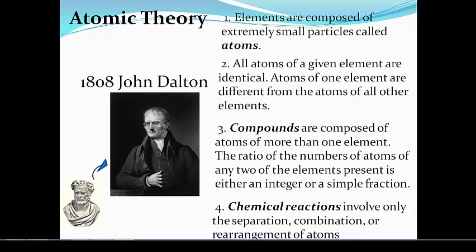Another example I can give is combustion. You start out with wood, and then you have fire. Once you put those 2 together, it's a chemical reaction. You're doing a combustion process. Chemically, those 2 compounds have changed into something else. So a chemical reaction only involves the separation, the combination, or the rearrangement of atoms.